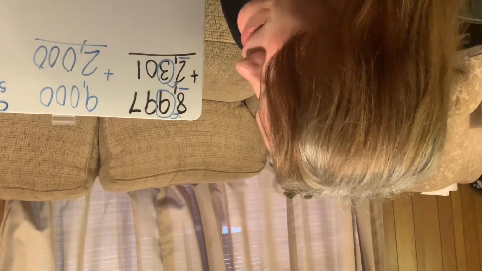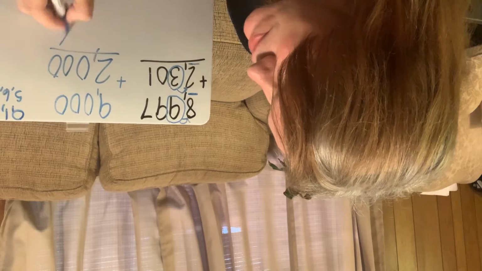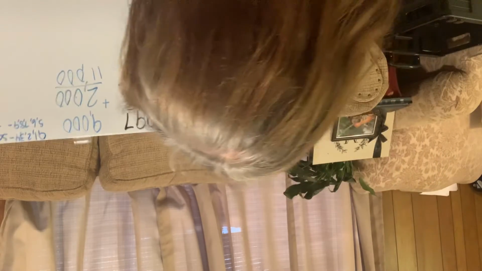All right, there's no numbers to the left, so there's nothing to do there for my rule number 5. And number 6 tells me that the numbers to the right become zeros. All right, so now I have estimated my numbers to the thousands place, and now I need to add them. 0 plus 0 is 0, 0 plus 0 is 0, 0 plus 0 is 0, and then 9 plus 2 is 11. So I have an estimation of 11,000. All right, so there's my estimate.